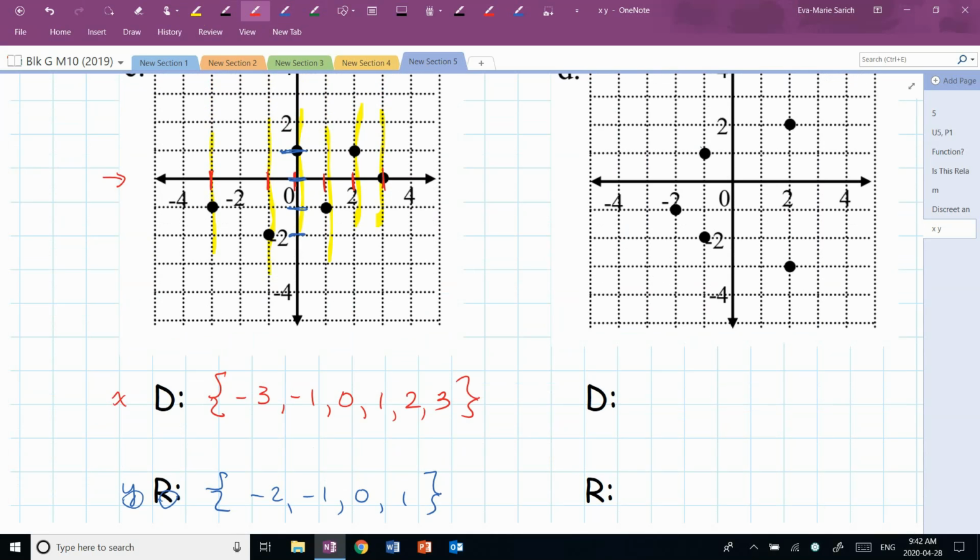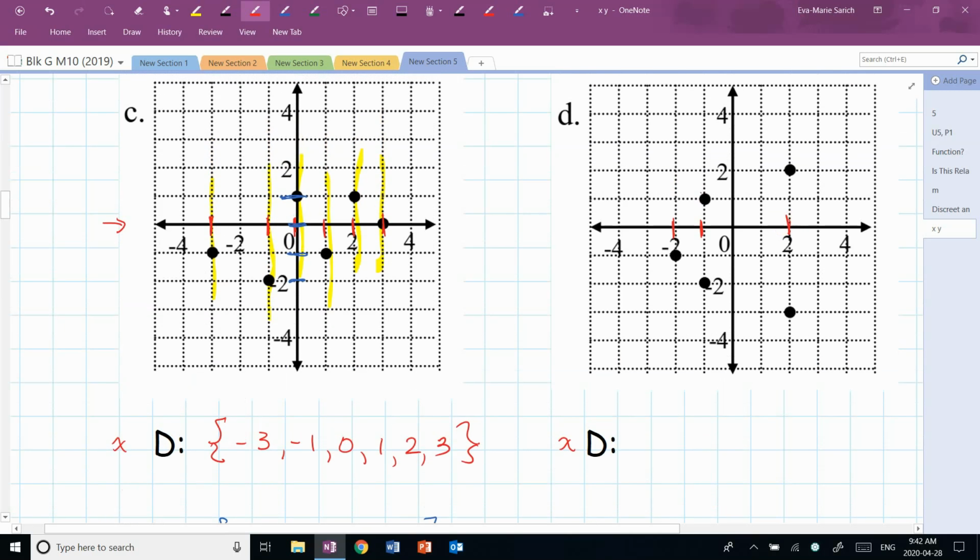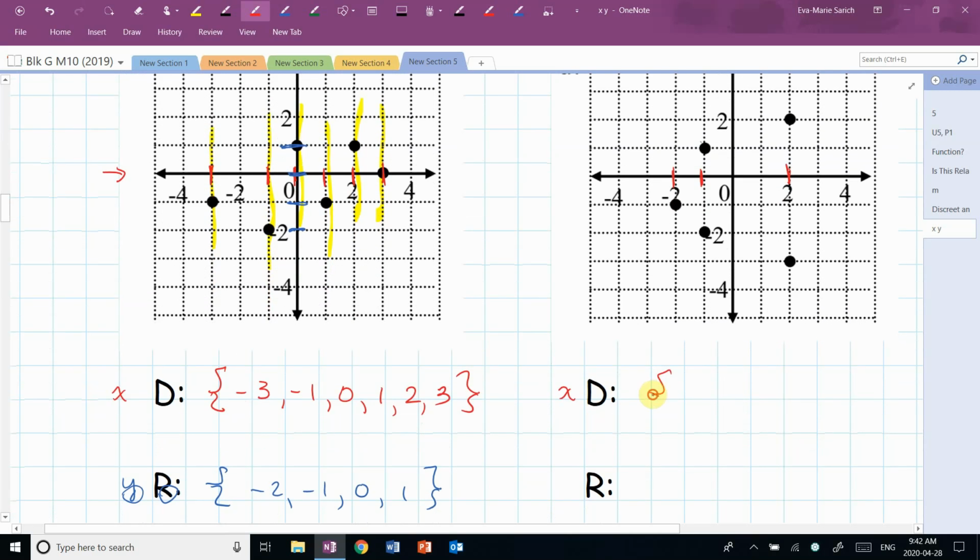Again, domain is our x's, so we start at -2, -1, and then +2. In the curly bracket, lowest to highest, -2, -1, and 2. The range is our y values.